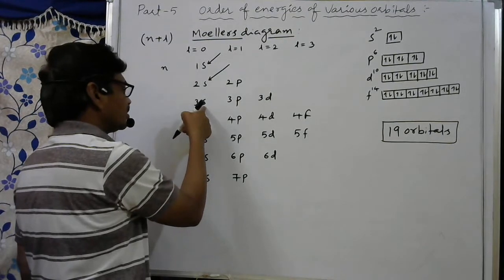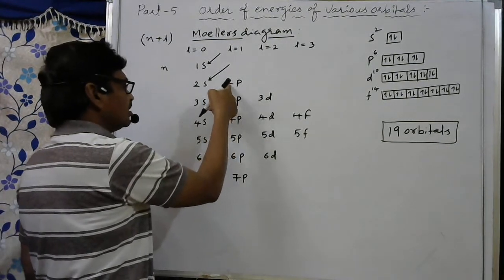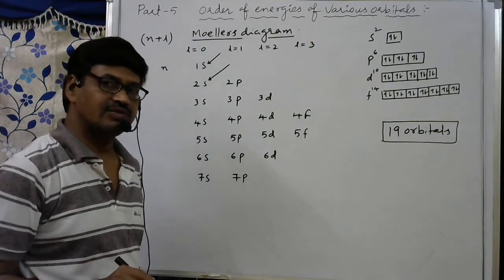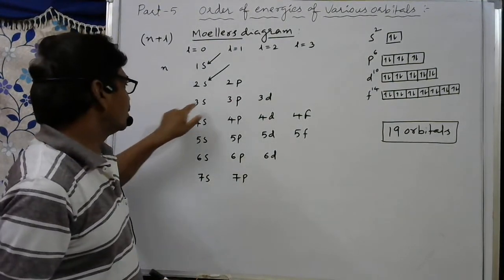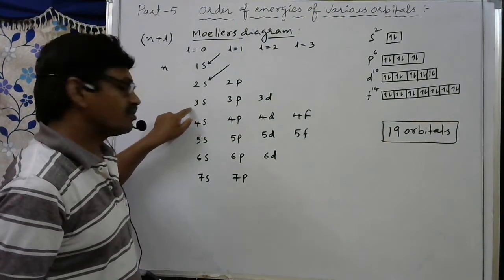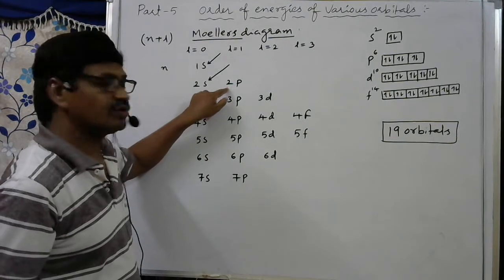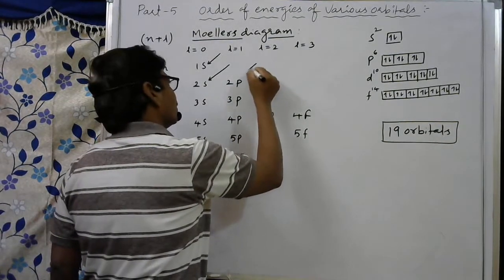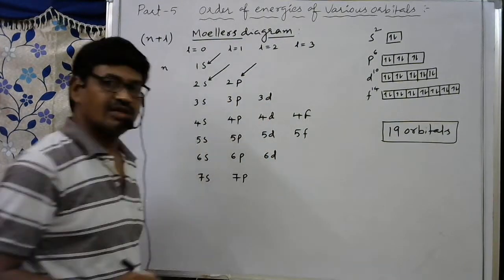Here 3 plus 0, 3. 2 plus 1, 3. These two orbitals will have the same n plus l value. But among these two, the n value of 3s orbital is more. So 3s orbital has more energy than 2p orbital. So at first, after filling 2s orbital, the electron will move to 2p orbital.